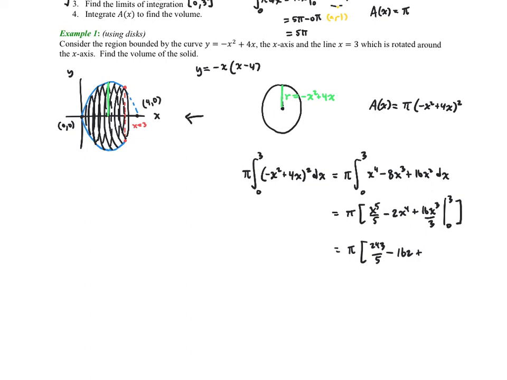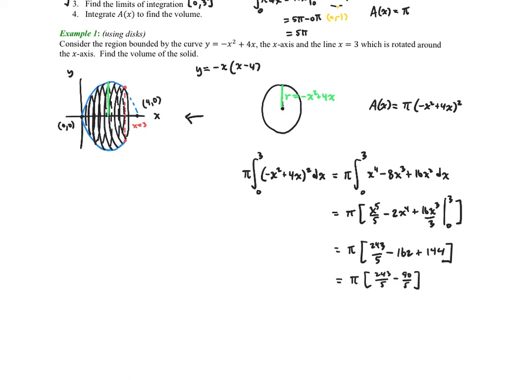Oh, that's terrible. I don't know what that is. Well, apparently it comes out to be 144. I used my calculator, I'm not gonna lie. Okay, so it looks like I get 243 over 5 minus 90 over 5. I think that's what 18 is, 18 times 5.